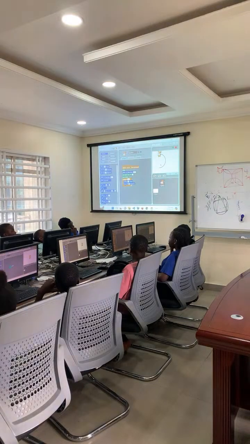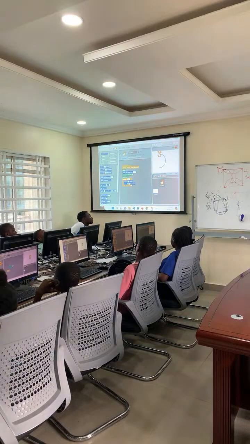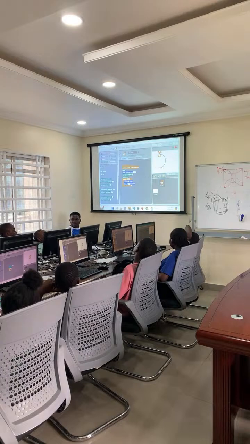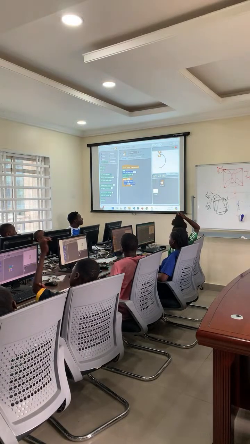Duplicate. Okay. Please tell me how to duplicate. No, I don't know. That's why I'm asking. Right click on. Okay, we'll duplicate this code. What do we duplicate? The drawing. Is this stamp?